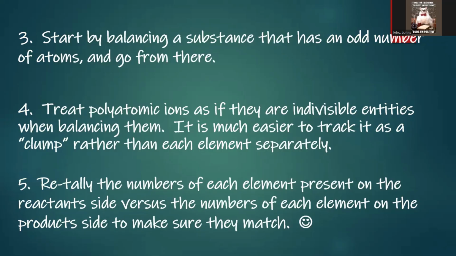Don't break them apart into the different elements. It's easier to balance the equation if you keep them together. And number 5, don't forget to retally your numbers at the end. Go back through and make sure that you've accounted for each one on both sides and that they truly do match.